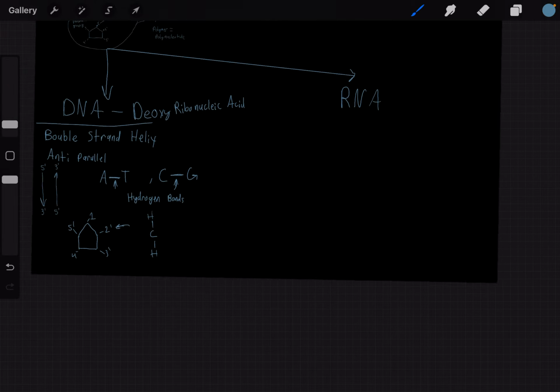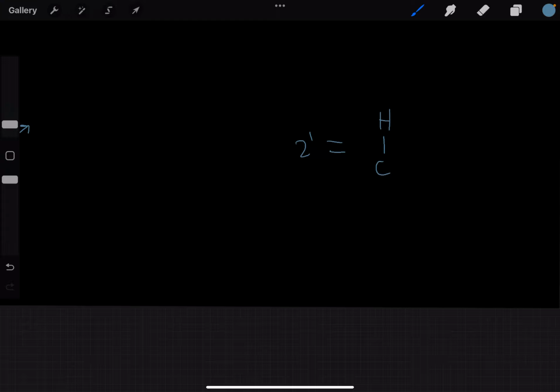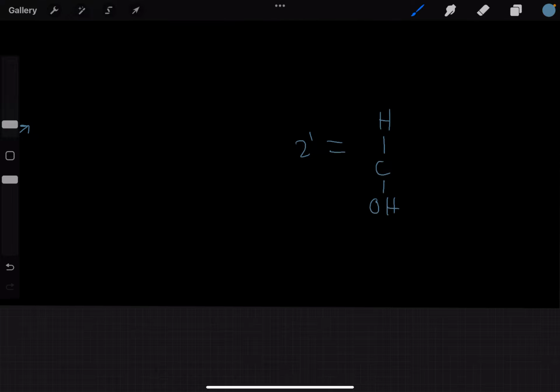However, on RNA, the second prime would look something like this. It would have H, C, and O, and then it would be connected to an OH. So it has that oxygen at the second prime.